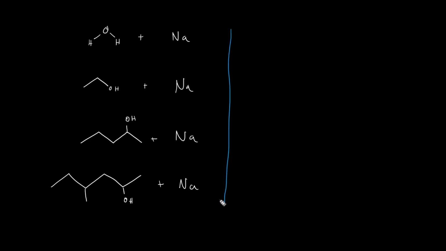So as we move down this group, these reactions, from water with sodium to ethanol with sodium to 2-pentanol with sodium to 4-methyl-2-hexanol with sodium, we get slower reactions. So as we move down, they become slower or less vigorous.